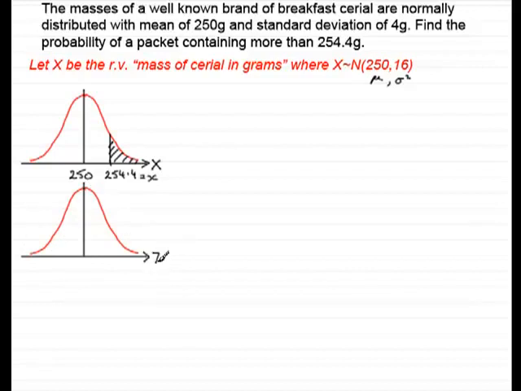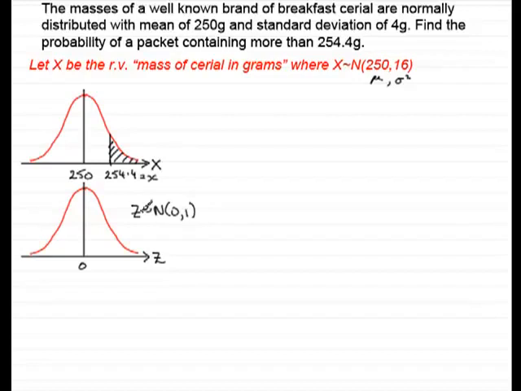The standardized variable is the letter Z, where Z is normally distributed with a mean of 0, which I'll mark in here, and a standard deviation of 1, which when squared gives us the variance of 1 squared, which is 1. So we have Z follows a normal distribution, mean 0, variance 1.